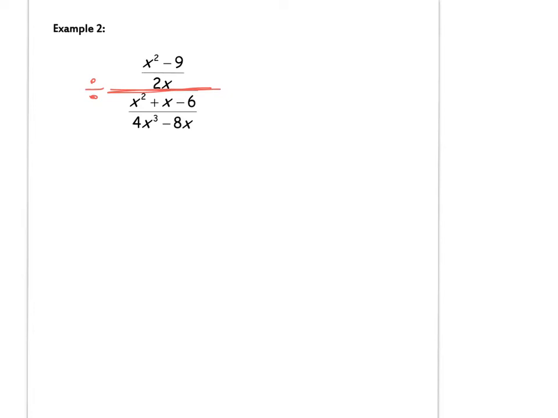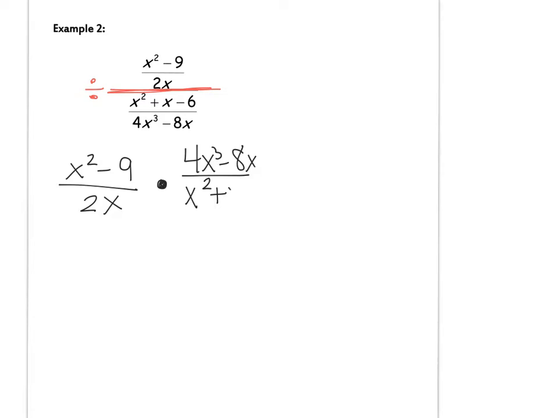So really we need to have (x² - 9)/2x, change to multiply by (4x³ - 8x)/(x² + x - 6). Then, since it's now a multiplication problem, we factor everything we can and then look for ways to make 1.